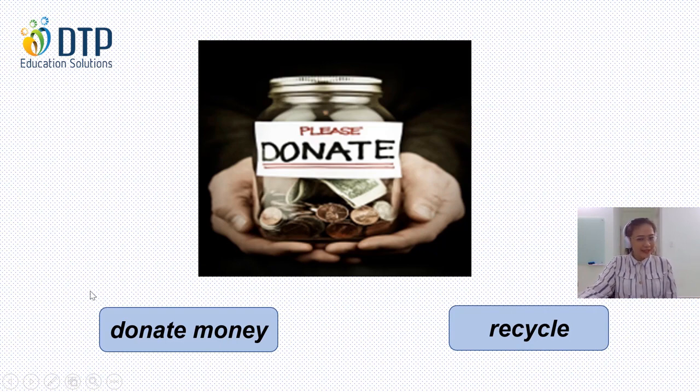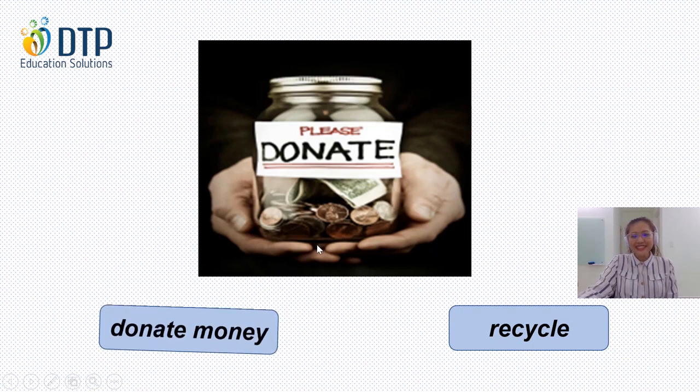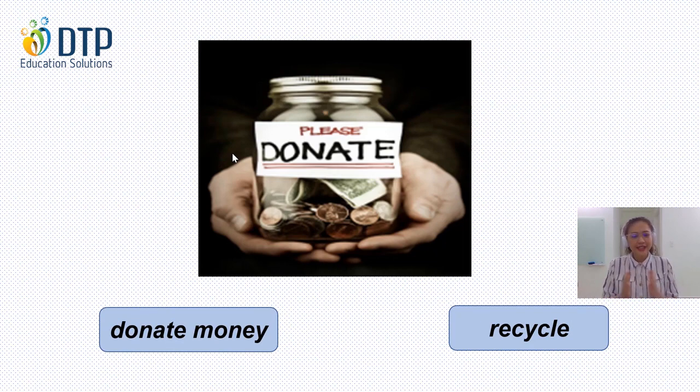So can you guess it is donate money or recycle? Yes, it is donate money, because you can see here there is a chart with coins and cash in it, so it's donate money. Now let's move on to the next picture.